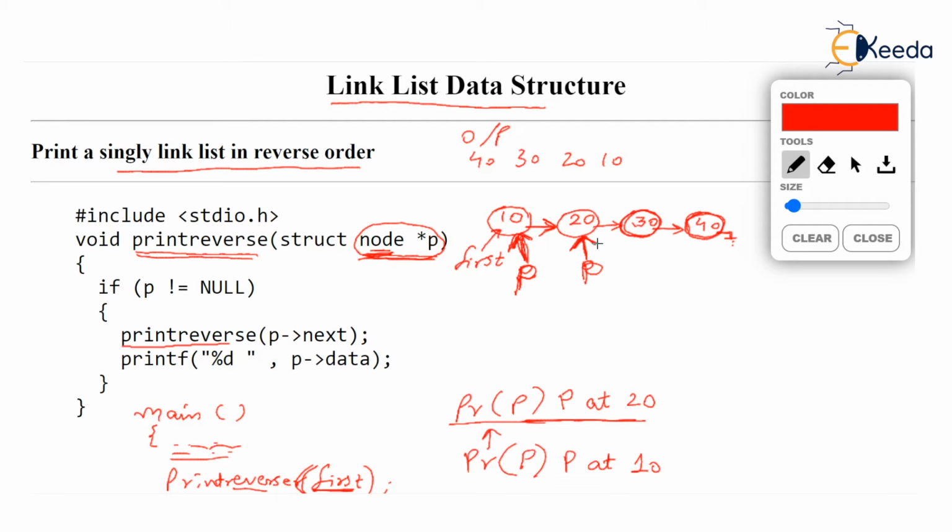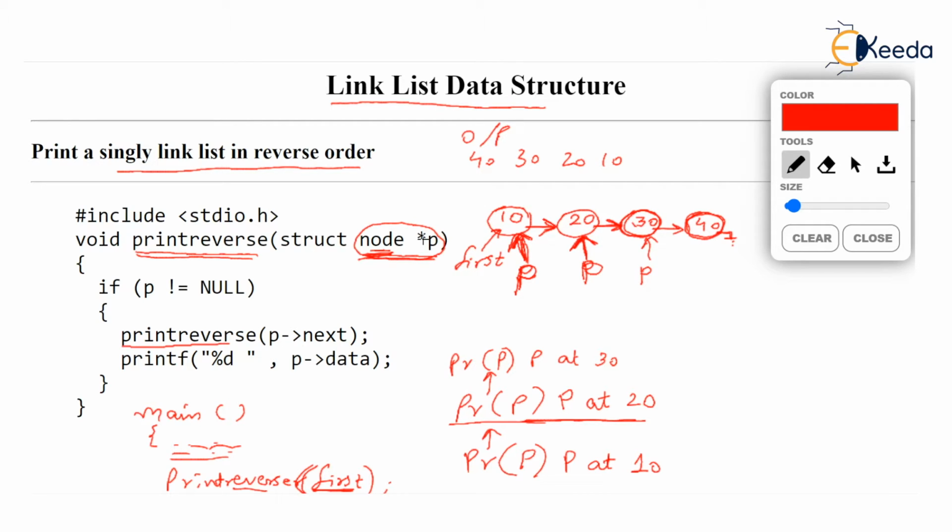So print reverse function gets called recursively by passing the address of 30. And that address of 30 indeed gets copied in the parameter P again. So in the recursive stack, we have print reverse running again with parameter P storing the address of 30. So a new function starts, a new pointer P is allocated for its own function.